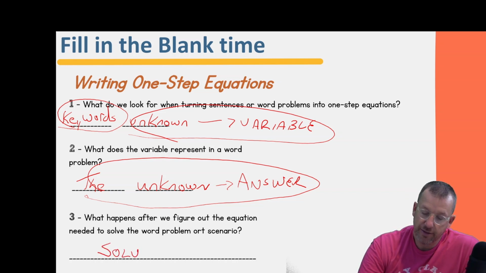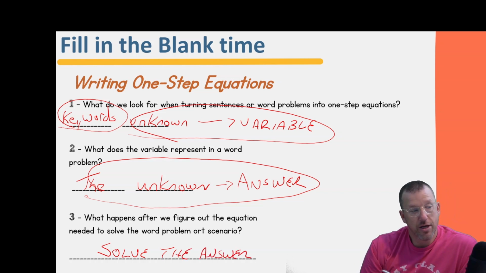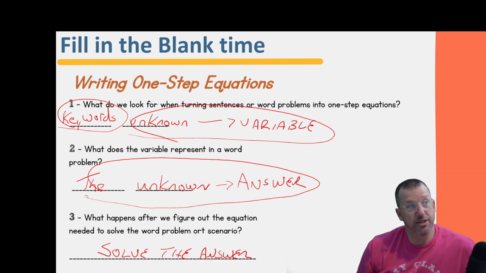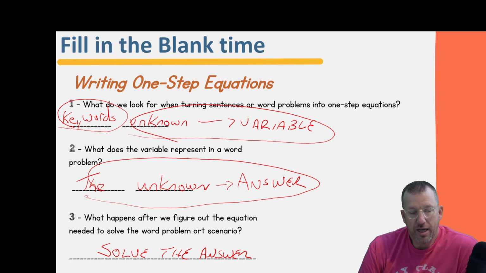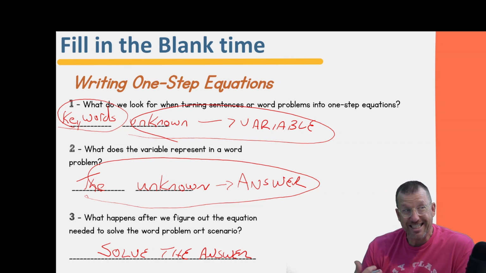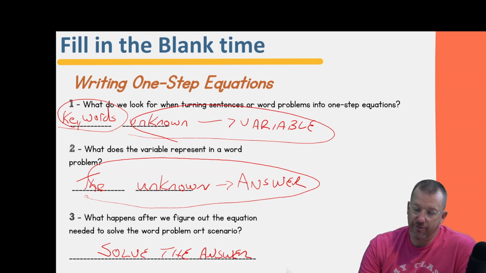You figure out what the variable that was missing is. Now you know what you were trying to find. We need these equations so that we can break down problems and put them into an algebraic equation, a one-step equation in this instance, and then that will give us our unknown. And when we know our unknown, we know the answer. So that's why we do it, folks.